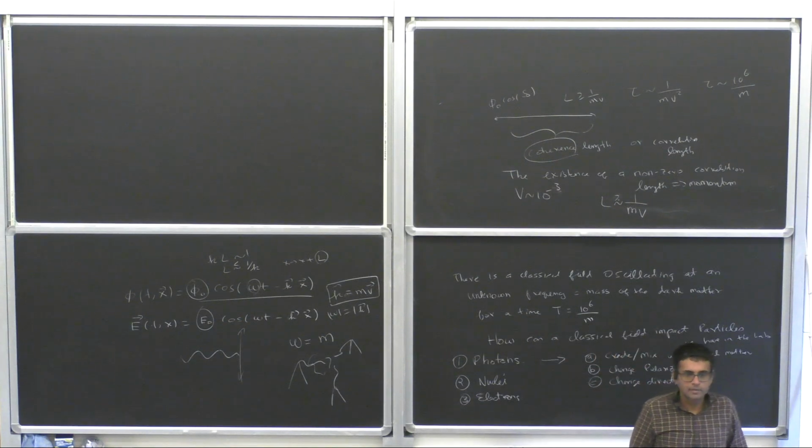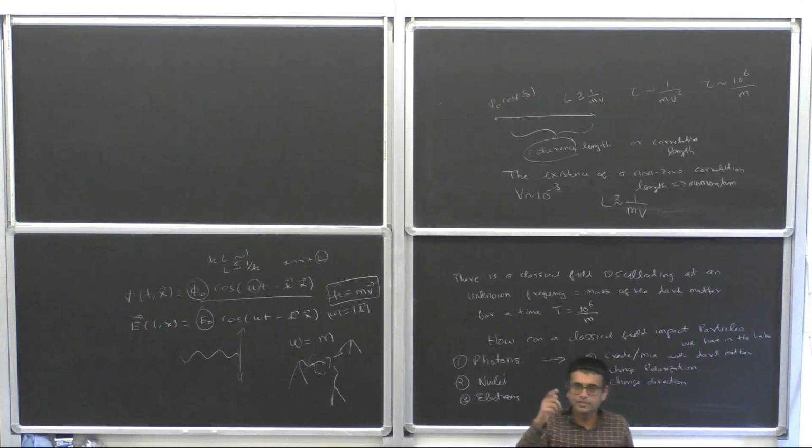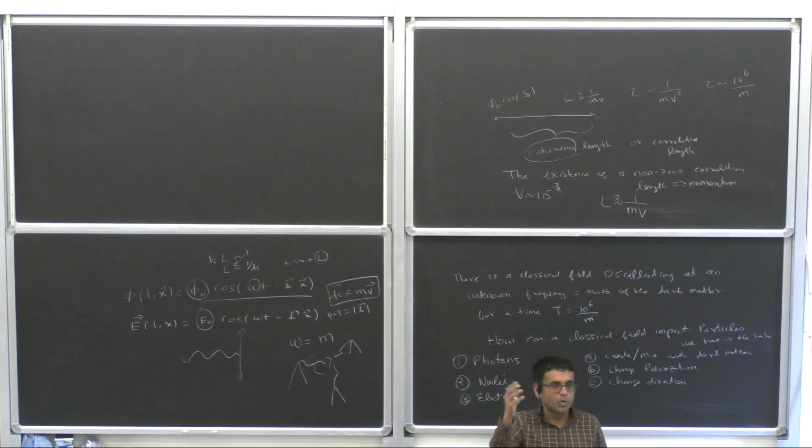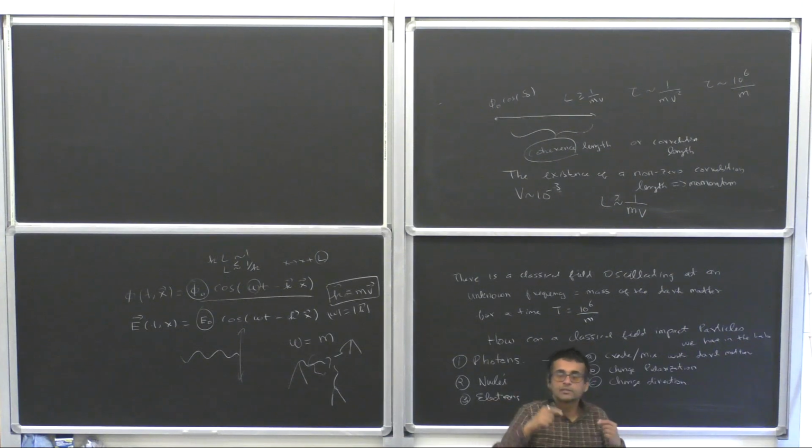Coherent state. Yeah, so basically, since Kiera already gave her talk, that's what she's doing, right? She's basically saying there is a classical axion field, and then you put a magnetic field, for example, and then that will become a classical electromagnetic wave. Okay, yes?